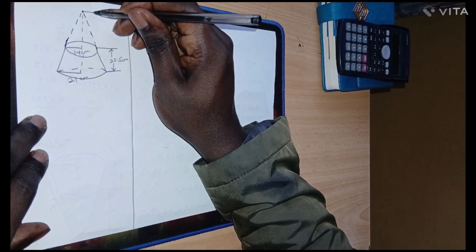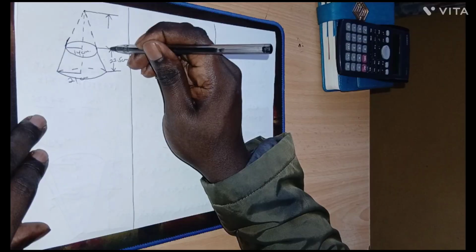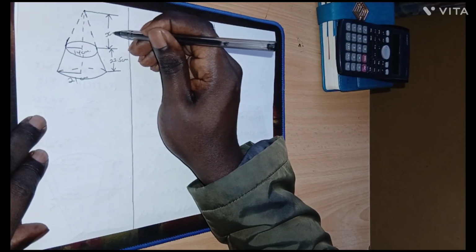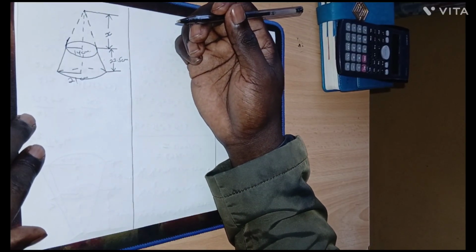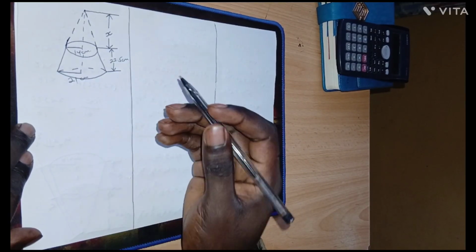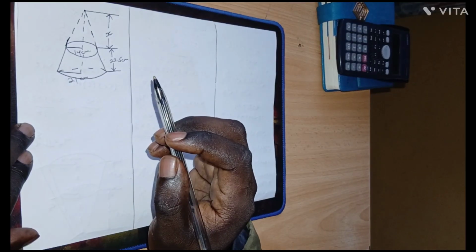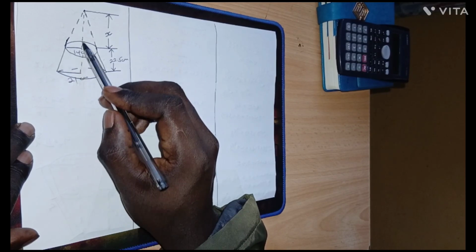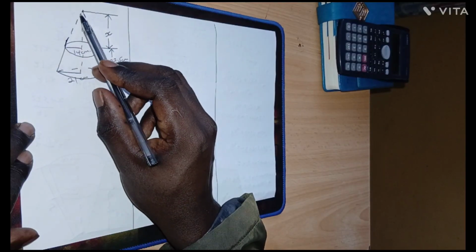So we have to go further and try and find this arbitrary value which we don't know of, so that we can get the height of the full cone. Let's give it an arbitrary value of x, okay? We use proportions. If we are very keen, you'll find that this resembles a large right angle triangle, and this resembles a small right angle triangle.